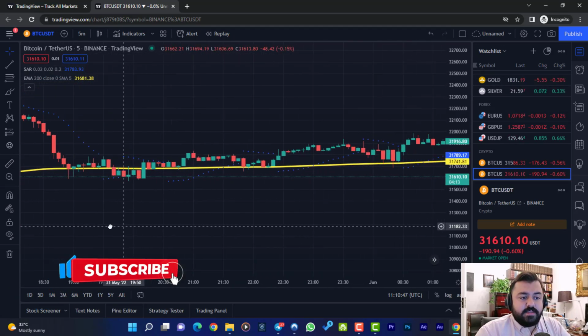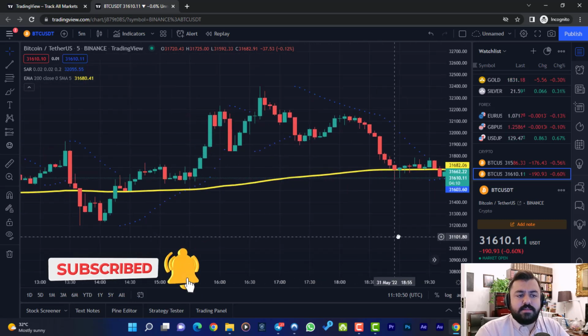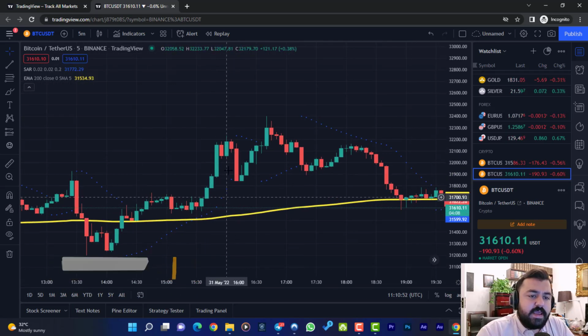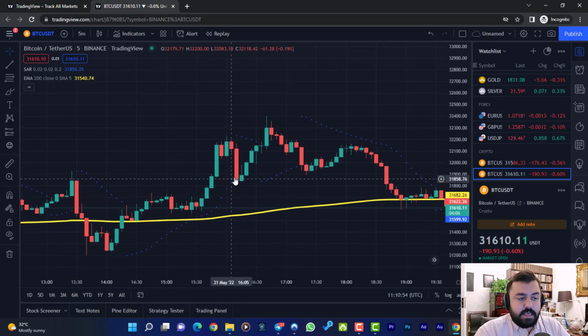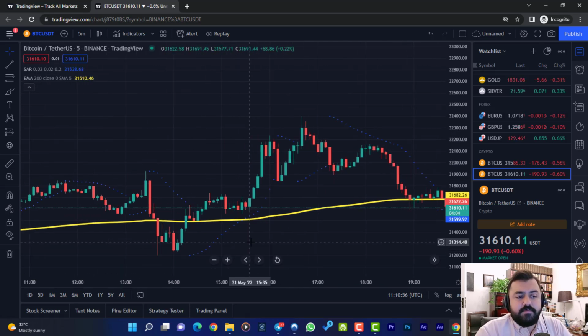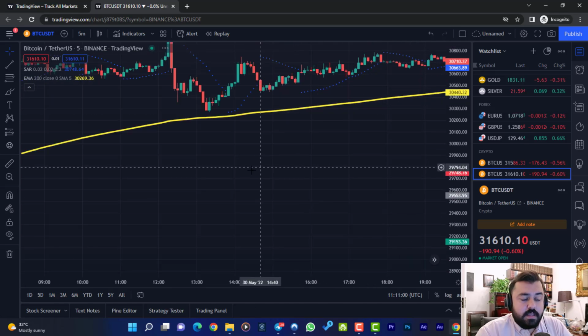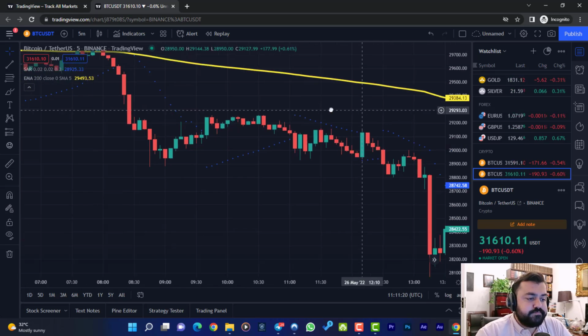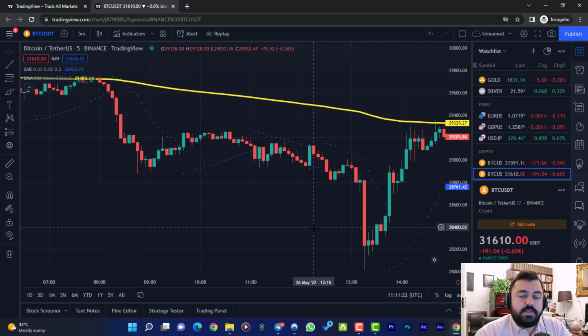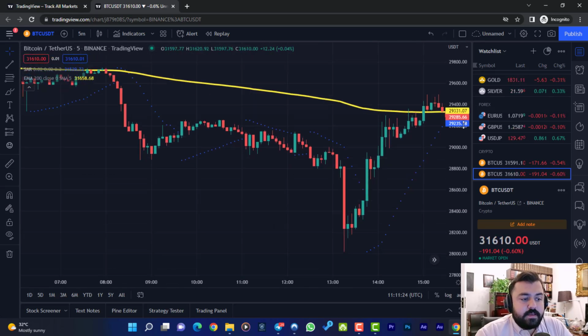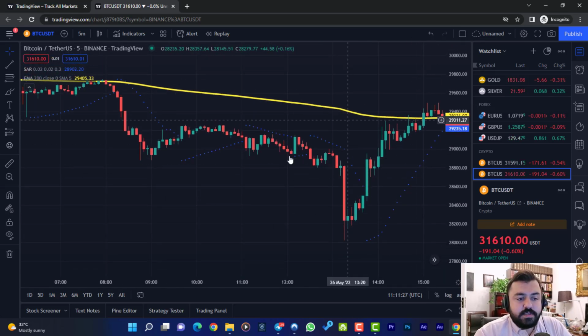You can do that by looking at the position of the price relative to the 200 EMA. For example, if the price is above the 200 EMA, it indicates that the long-term trend is up. And if the price is below the 200 EMA, it indicates that the long-term trend is down.